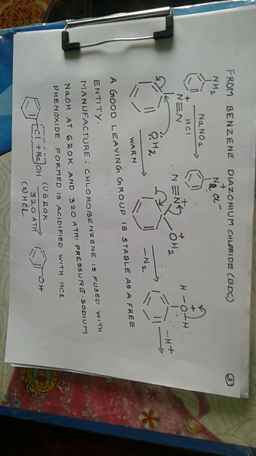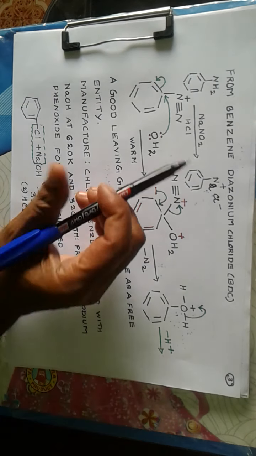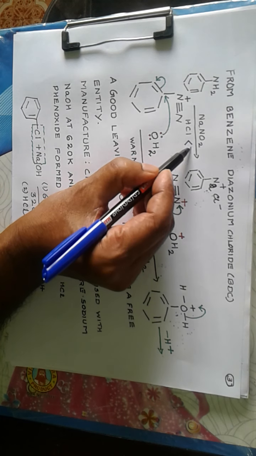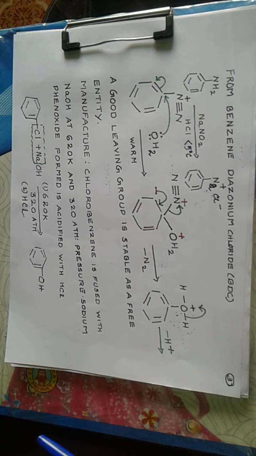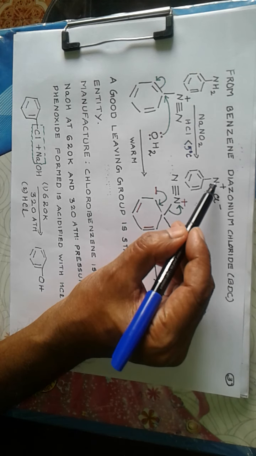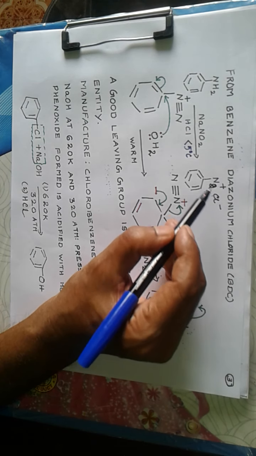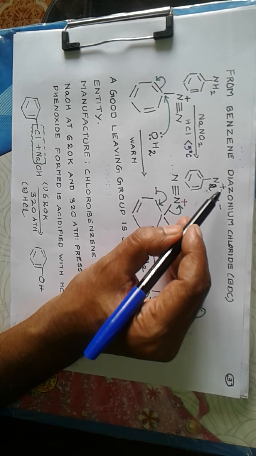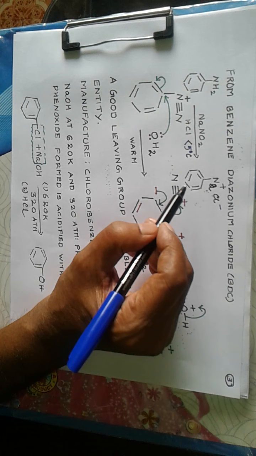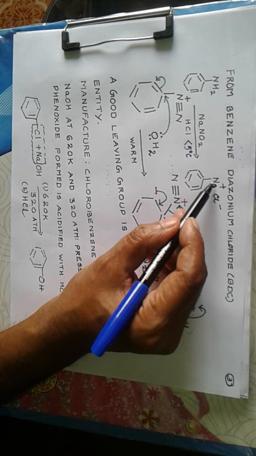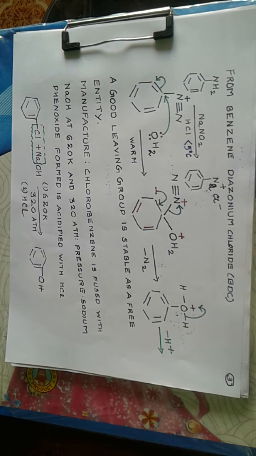Aniline, the primary amine, is treated with sodium nitrite and HCl below 5 degrees Celsius. Then we get benzene diazonium chloride. Azo indicates nitrogen, diazo indicates 2 nitrogens, and the structure is N2 positive Cl negative, C6H5 N2 positive Cl negative, that is benzene diazonium chloride.